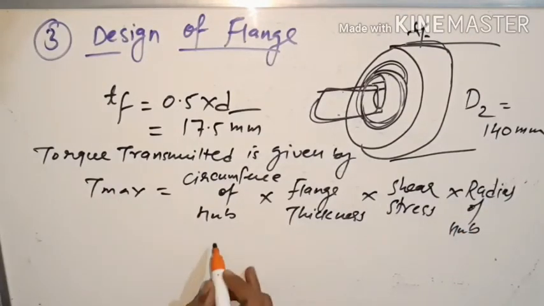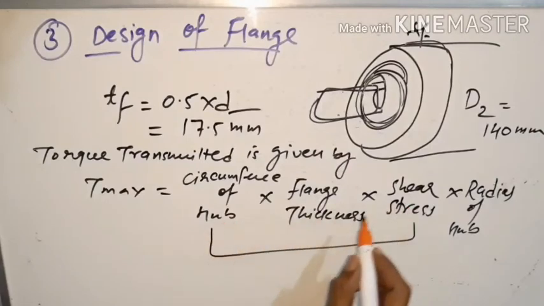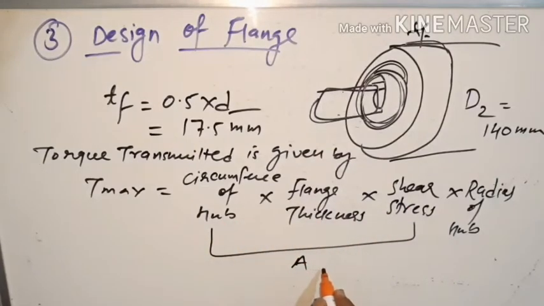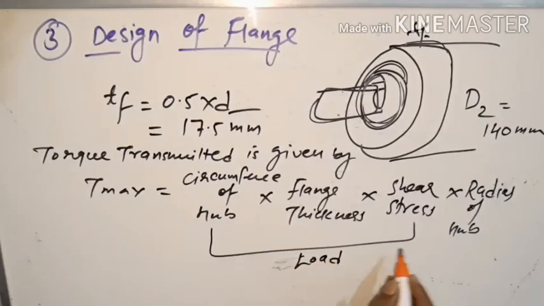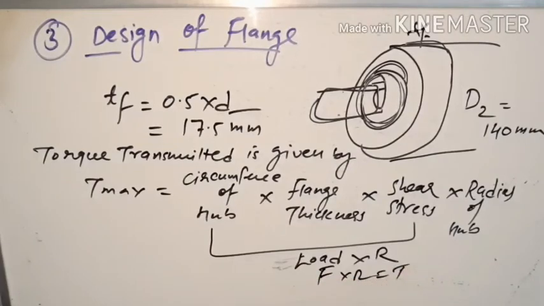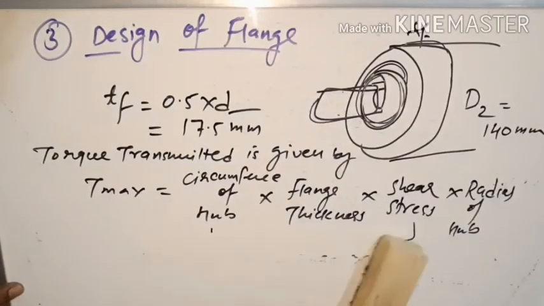Okay, so these three are the load, that means any kind of load, and this one is your radius. So load, that means F into R, is torque. You find it because it is in Newton and meter or mm, so Newton meter is a torque. So we need to write the equation or its terms in numerical form.